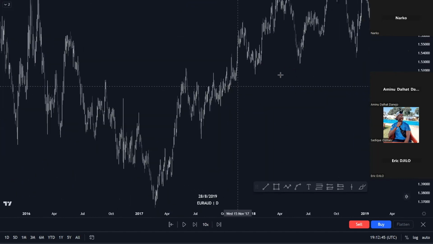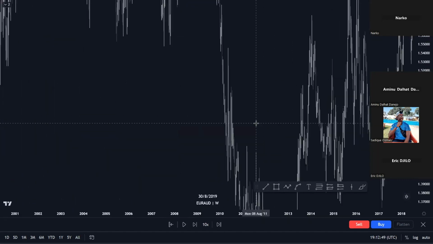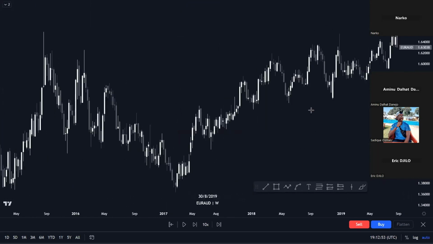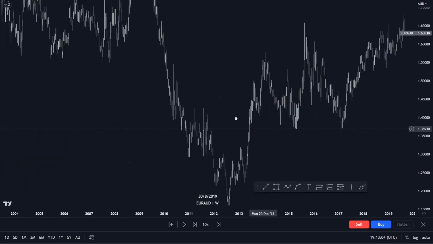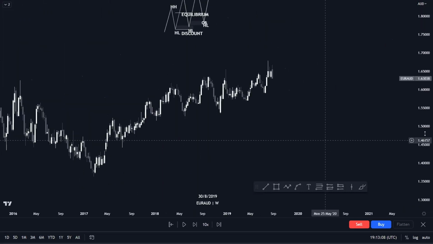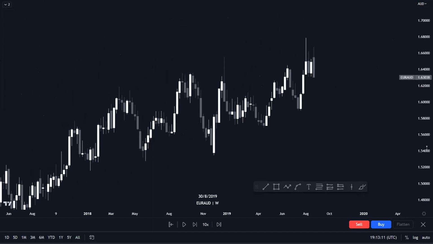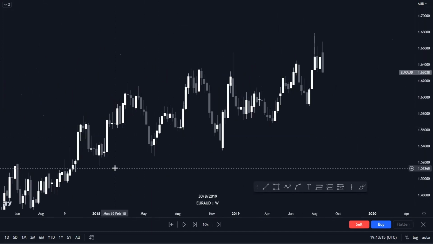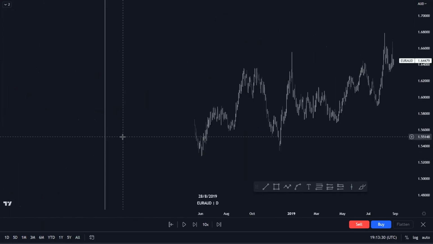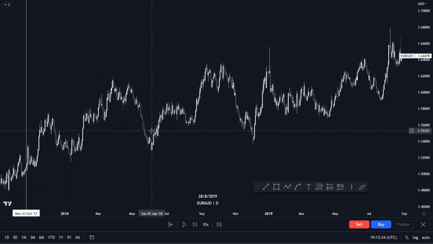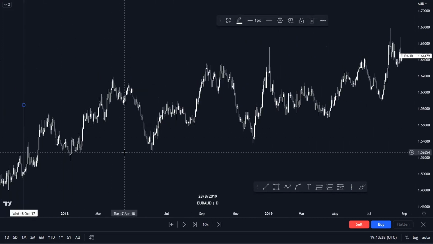which is here. Okay, so ladies and gentlemen, here we have Euro AUD on the daily time frame.